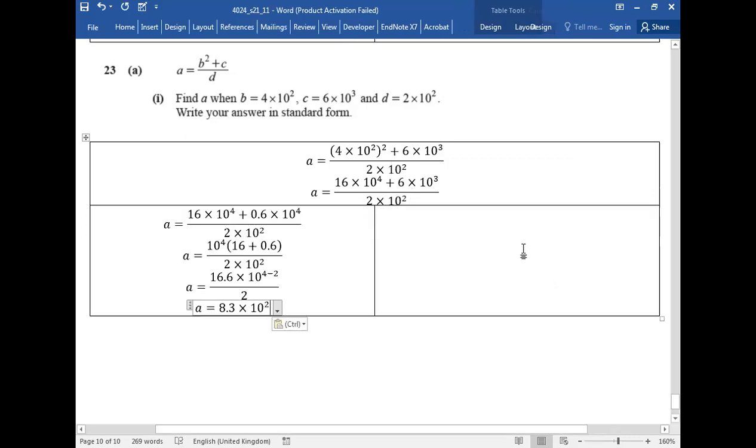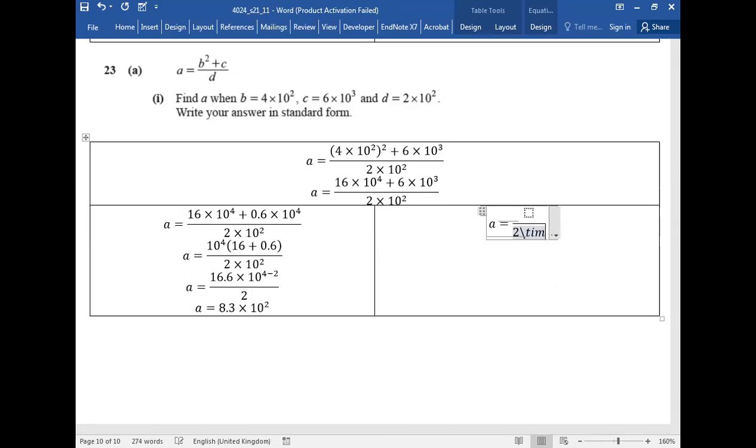This is the way that we did, and if someone wanted to convert it to exponent, 160 exponent 3 plus 6 exponent.